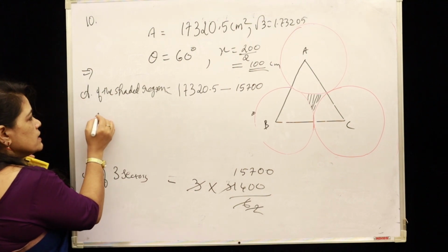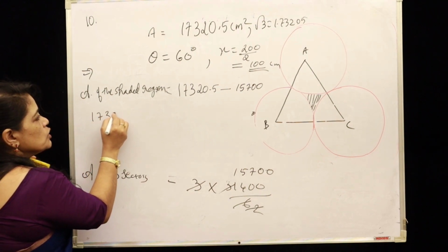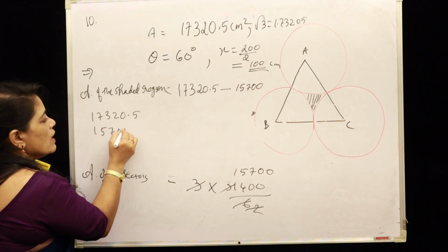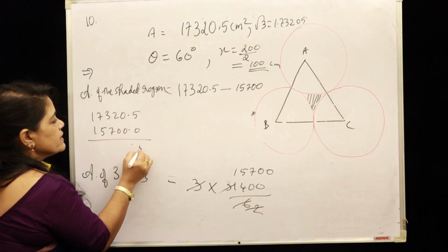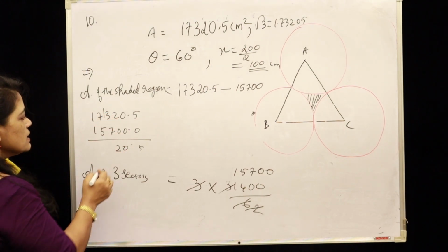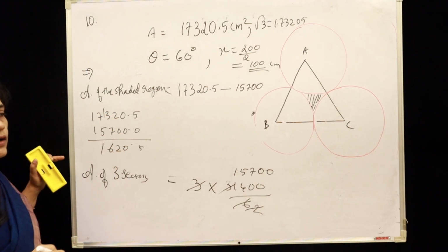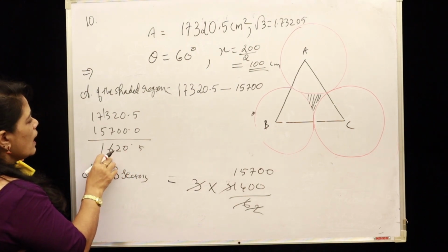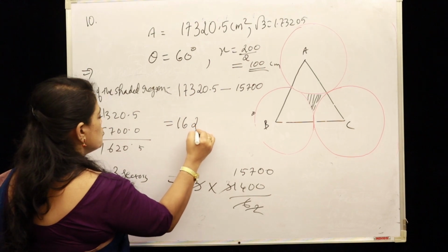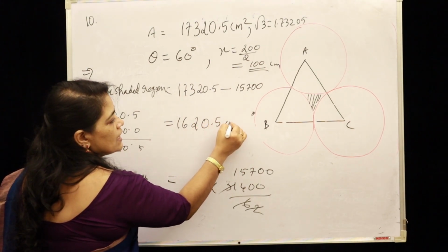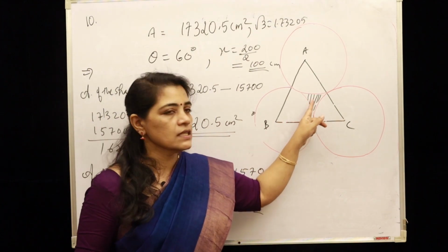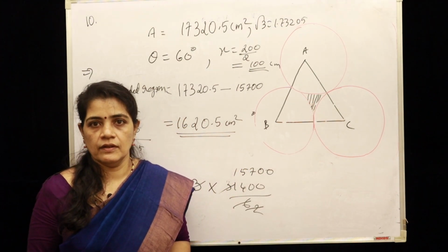Subtracting 17,320.5 minus 15,700, you will be getting 0, borrowing, 2, 6 and 1. That means you will have 1620.5 centimeter square is the area of this shaded region.